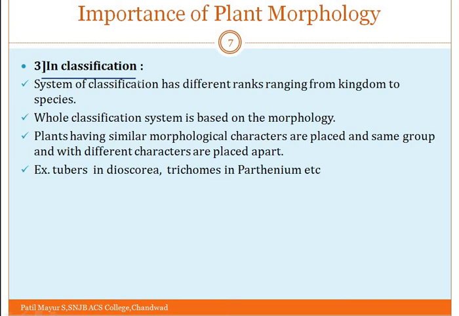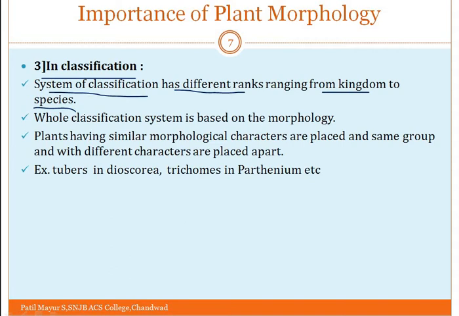There are different systems of classification that different scientists have proposed, like Bentham and Hooker, Hutchinson. These systems use certain criteria. The system of classification has different ranks ranging from kingdom to species, called the taxonomical hierarchy.